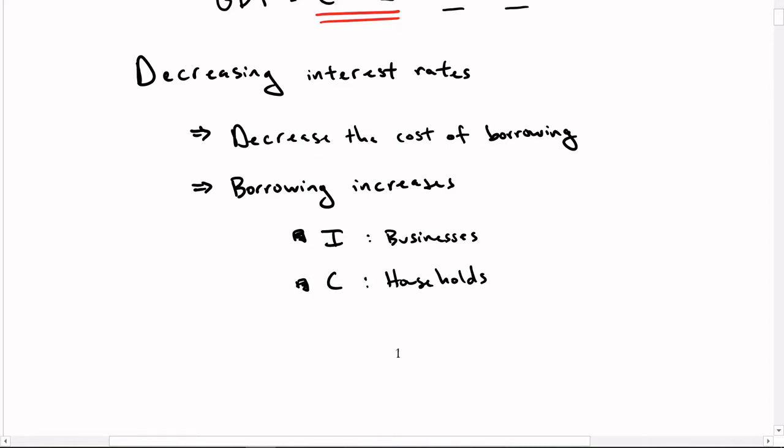Actually, technically speaking, new housing falls under investment, but nonetheless, mortgages, cars, consumer loans, commercial and industrial loans. So ultimately, monetary policy's goal is to decrease interest rates. And so we're going to look at the three traditional methods and how the Federal Reserve goes about doing that.